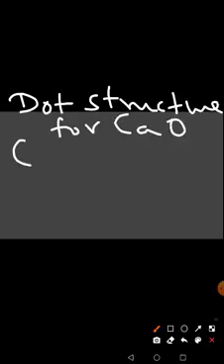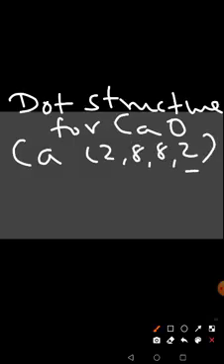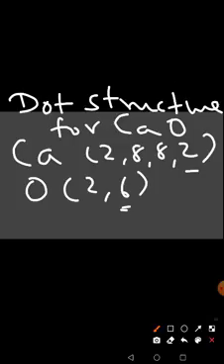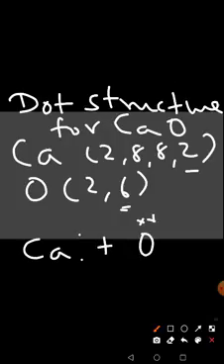You know calcium has atomic number 20, electronic configuration 2, 8, 8, 2. So 2 valence electrons, and oxygen atomic number is 8, electronic configuration is 2, 6, so number of valence electrons is 6. When you are representing the dot structure for the same, you will write calcium with 2 valence electrons combining with oxygen which has 6 valence electrons.